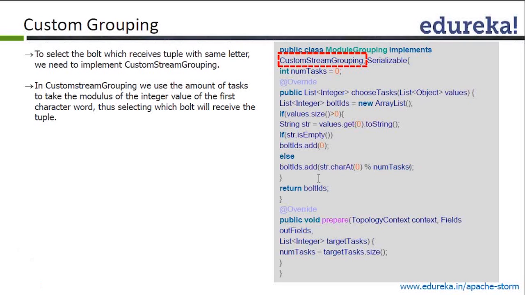That is where we find out what exactly is the bolt ID to which it should go, which bolt your data should go to. You are just deciding what exactly is the bolt to which the given word should go.